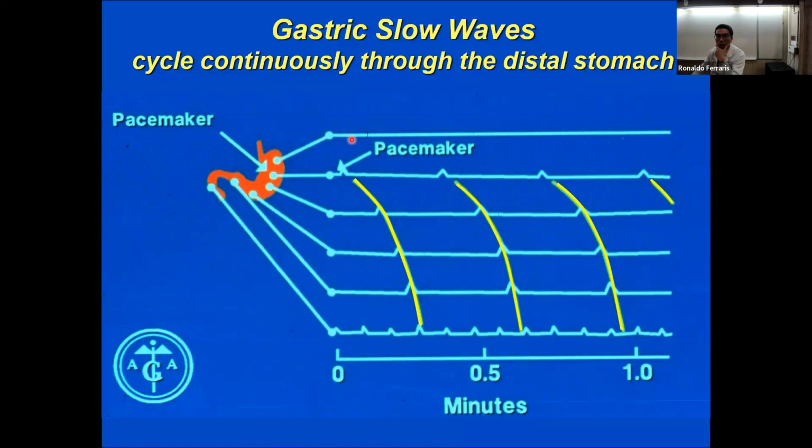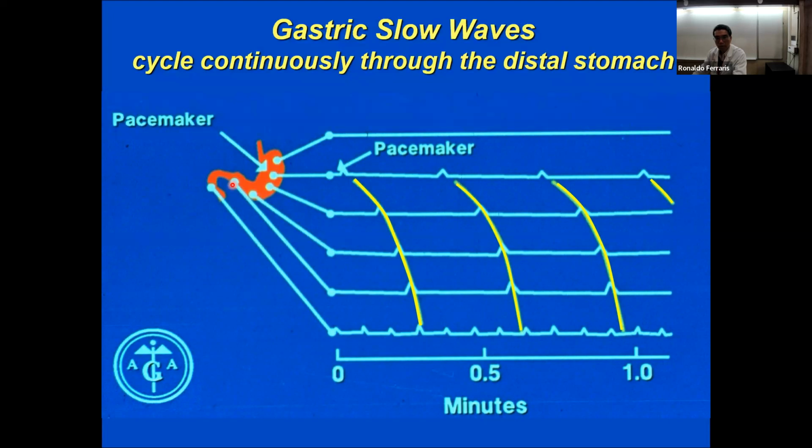So the upper region of the stomach doesn't typically contract. This is the cardiac upper fundic region. However, below the pacemaker, there is a slow wave, and of course, it's 3 per minute, right? This is upper mid, lower mid, pyloric region.